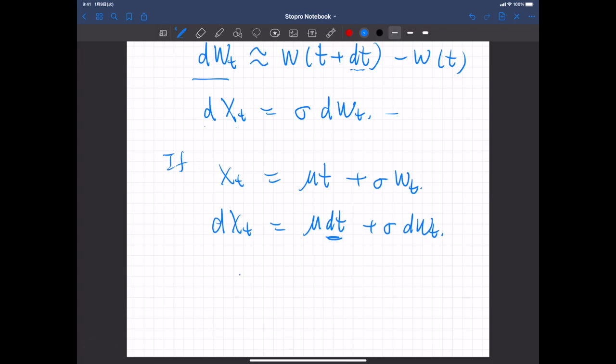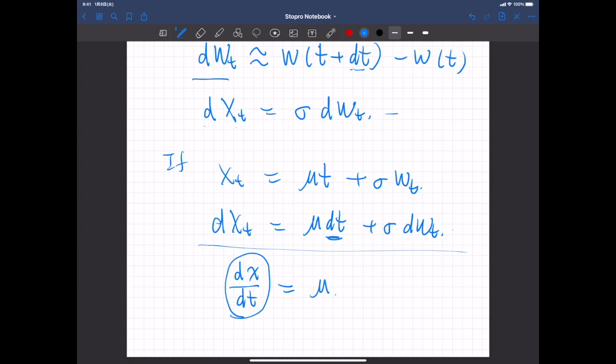Ordinary differential equation is something like this. So if we just ignore this random part, it could be the corresponding deterministic version of the ordinary differential equation. It would be like this. But as we have seen, the Wiener process is not differentiable, so we don't write something like this.